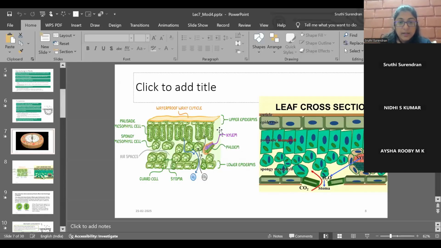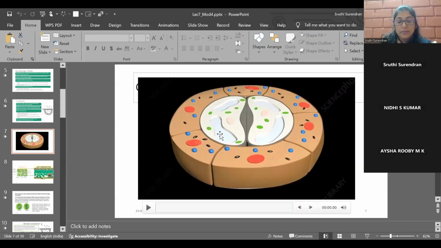If you see here, when these black particles are entering the guard cells, these black particles are nothing but potassium ions. When they enter the guard cells, the concentration of these black particles is higher here. As a result, the water available here is less.